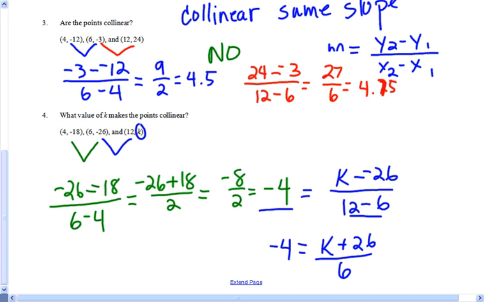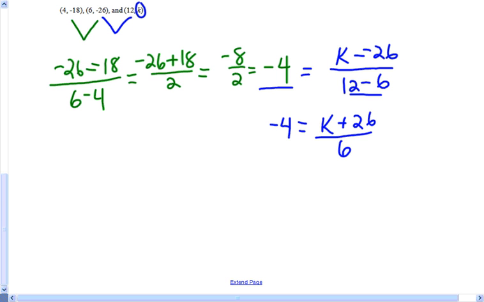Now, this looks like a good place to work backwards for my equation solving. Since it says k plus 26 divided by 6 equals negative 4, I'm going to do negative 4 times 6 first, which is negative 24. And then I'm going to subtract 26, and that'll be my k value.